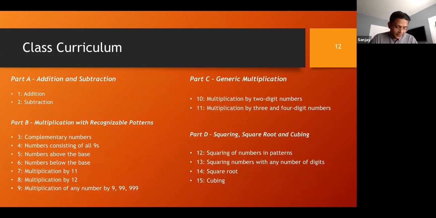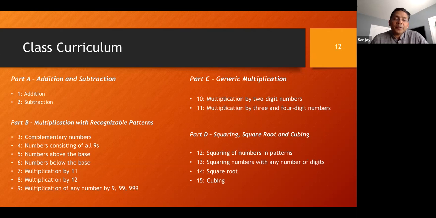All right, so I think we still have another 10 minutes. I'll quickly walk you through what the 10 classes cover. We start with simple addition, subtraction, mental math. There's not a whole lot, but 80% of the focus is given to multiplications and the different ways of doing them. So we start with complementary numbers. The numbers that end with 5 are a classic example.